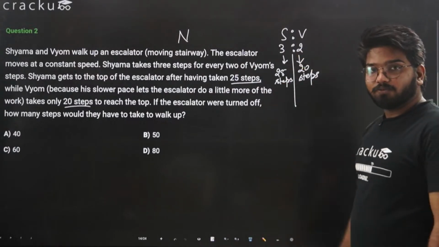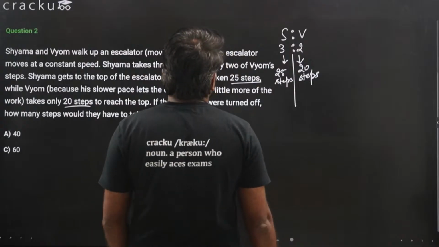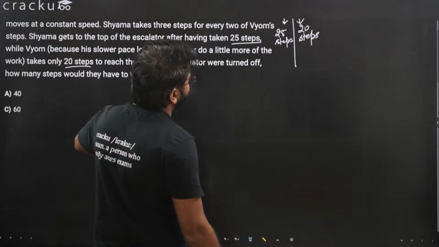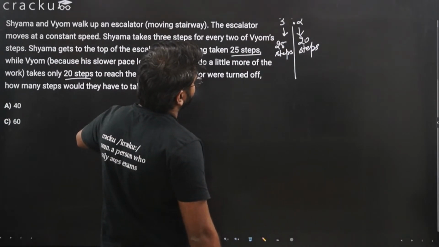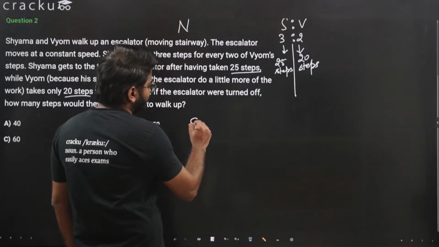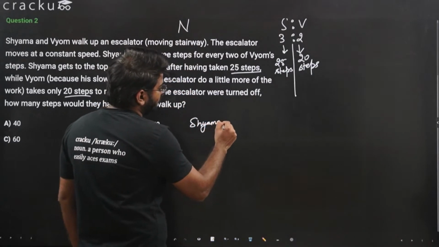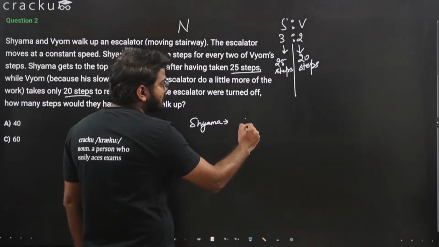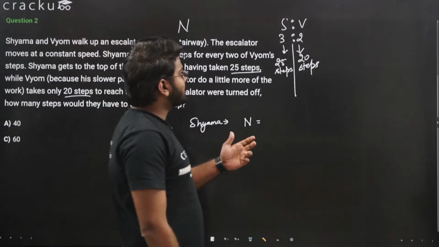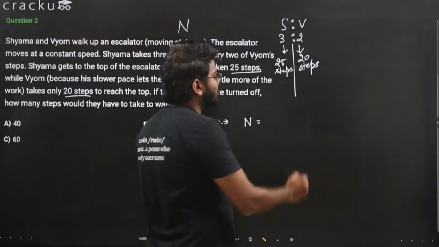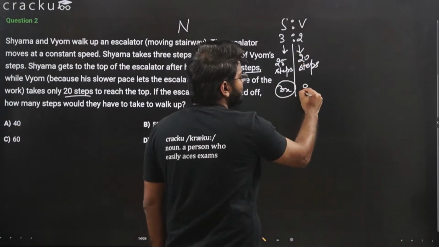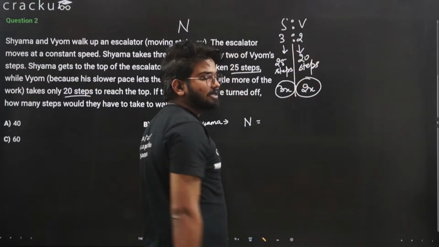Let's understand the equation for Shama first. We know that n, the number of steps, which is always constant, is equal to speed into time. Let's say the speed of Shama is 3x and that of Vyom is 2x, because the ratio of their speed is 3:2.